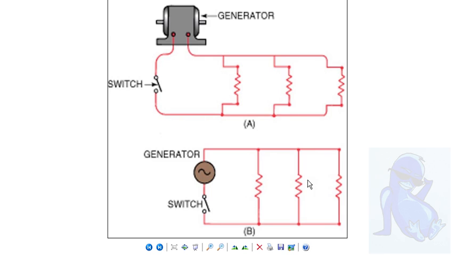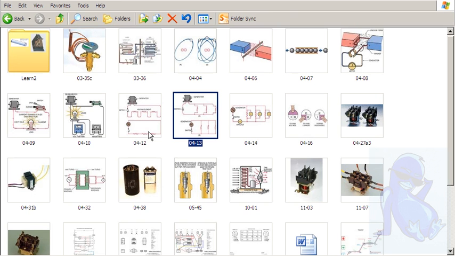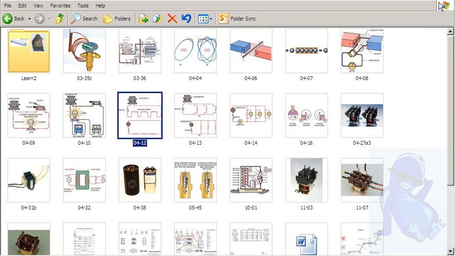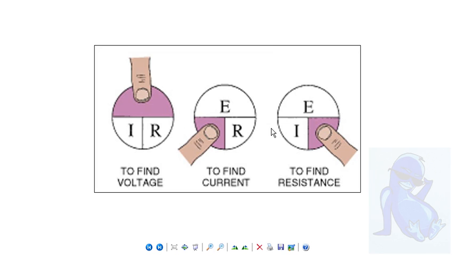The series circuit is the opposite. Your amperage will stay the same, but your voltage is shared. In the series circuit, your voltage will be shared. And we can see the formula for that in Ohm's law. I guess I'll move forward to this.